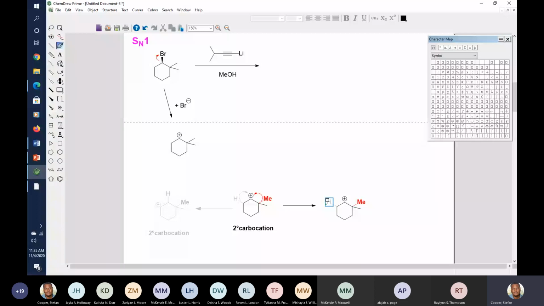I'm going to end up moving one methyl group from that left carbon up top, right?